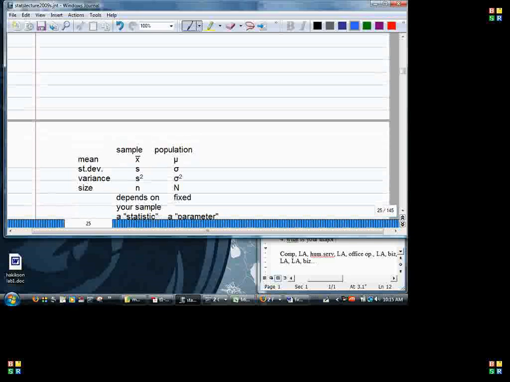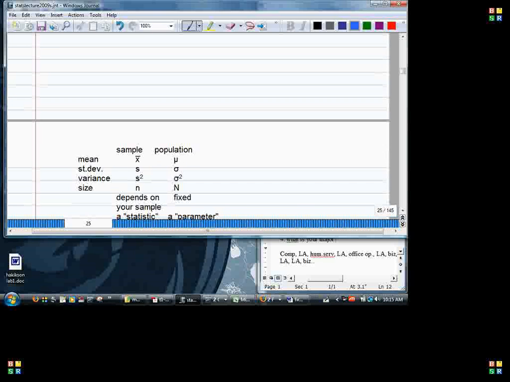A parameter is fixed; it is what it is. However, when you calculate these values for a sample, it's called a statistic. A parameter is something you get from a population. Statistic is something you get from a sample.